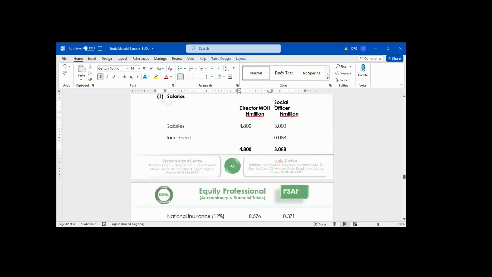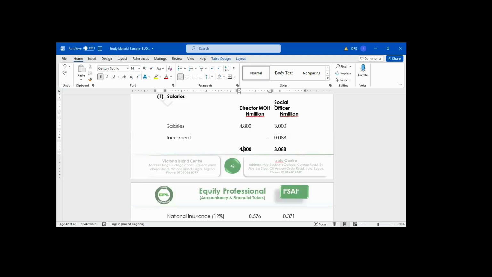In the breakdown of salary given to us in the question, after salary, what is next in the table? National insurance. So what is the note on national insurance? Note 6A.